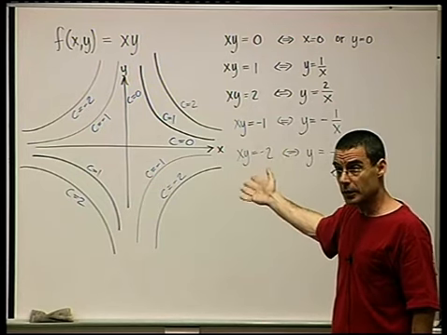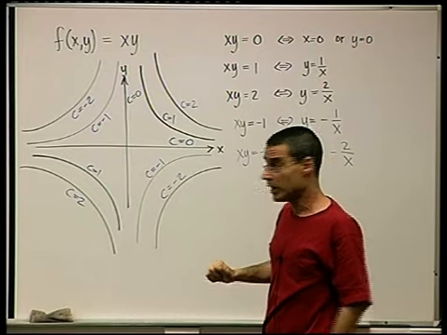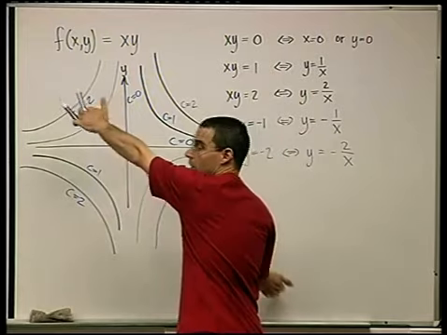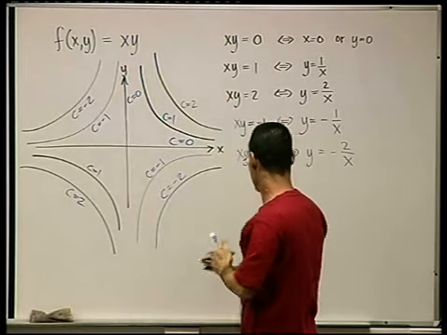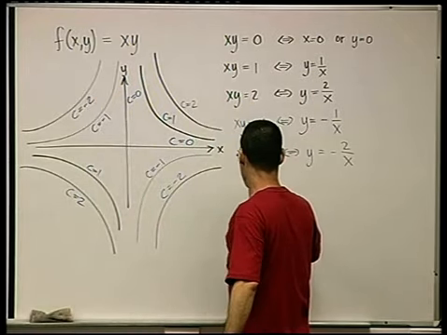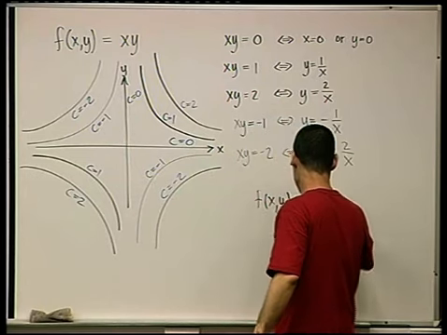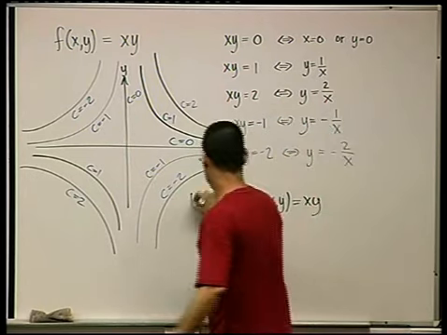Exactly. Very good. What we're looking at is the graph of a function that looks like a saddle. We're going up here, and we're going down here. So f(x,y) equals xy, the graph of this function is a saddle.